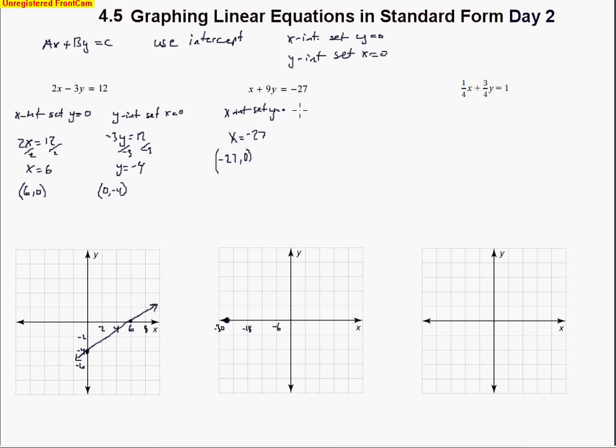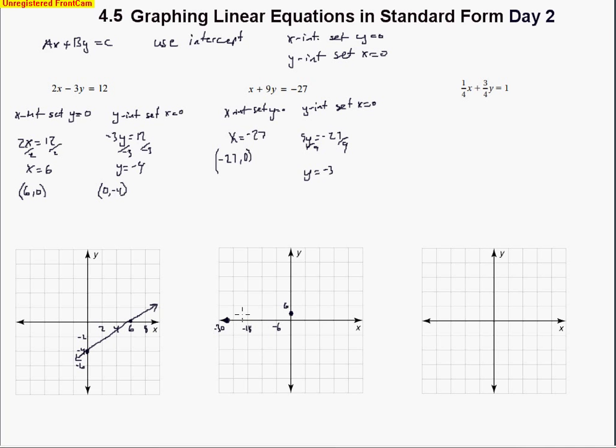For the y-intercept, I'm going to set x equal to 0, so I'm just left with 9y equals negative 27. If I divide by 9, I get y equals negative 3. I could go by 6's again, and that would show exactly what the slope would look like if I had gone by 1's. So negative 3 would be just half a space down, because I'm going by 6's.